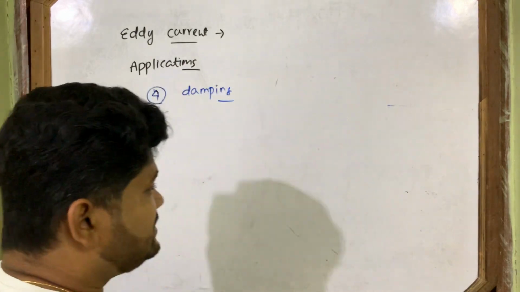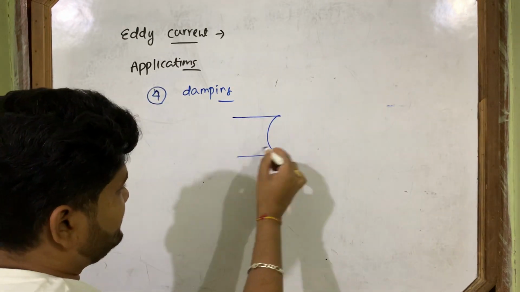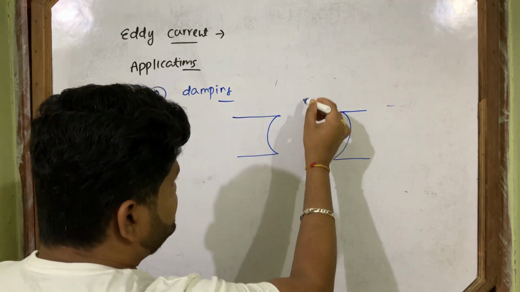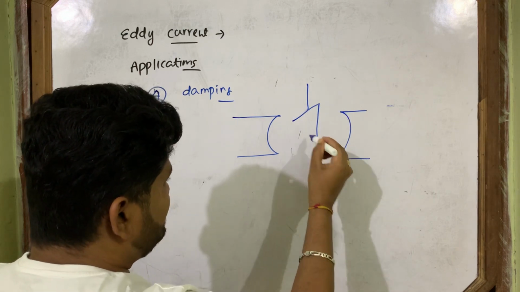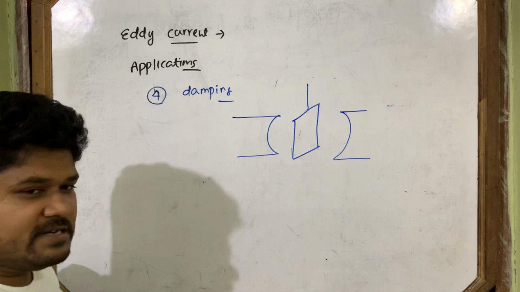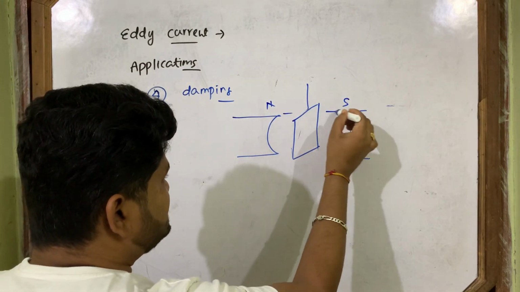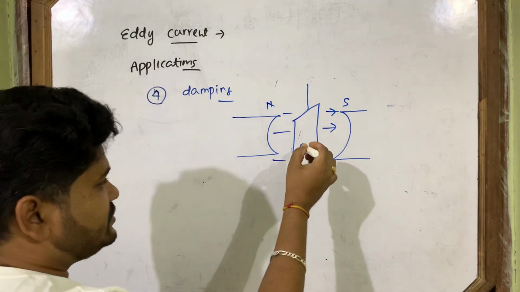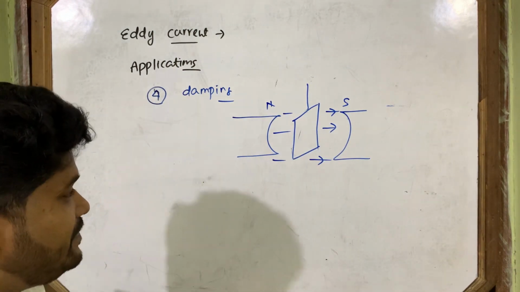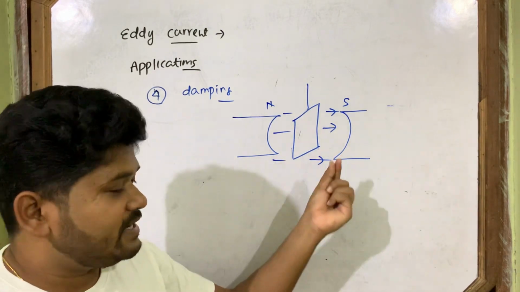Suppose you take one copper plate between two magnets. So this is the north pole, this is the south pole, and lines of force are passing like this. With this copper plate, you just oscillate it between the two magnets.